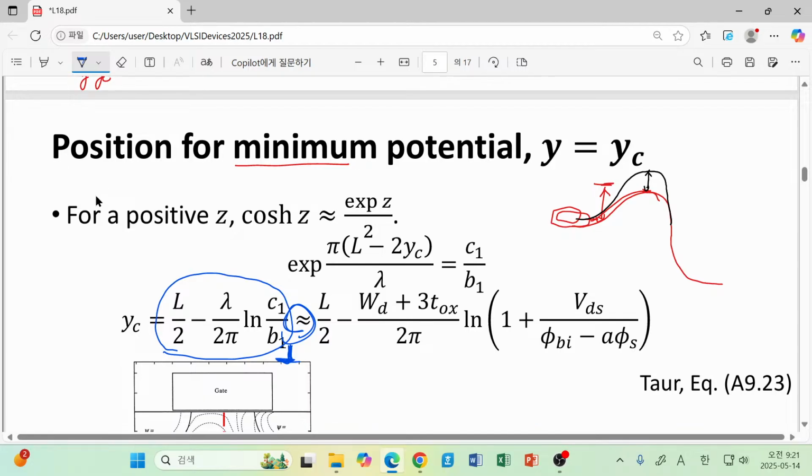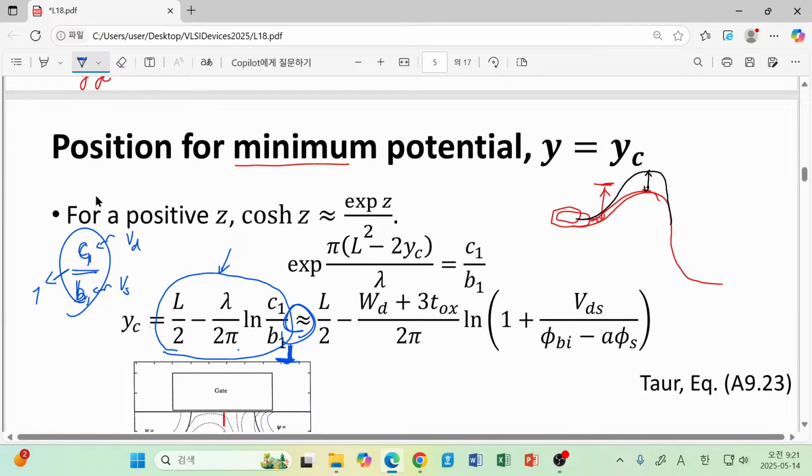But before going to the rightmost term, please have a look at this, the exact number. C1, B1. What is C1 and B1? B1 corresponds to the source voltage, and C1 corresponds to the drain voltage. Let's say they are the same. It means that we apply the same voltage to source and drain. What is it? The VDS equal to 0 case. Then in this case, C1 and B1 will be the same, so this number becomes just 1.